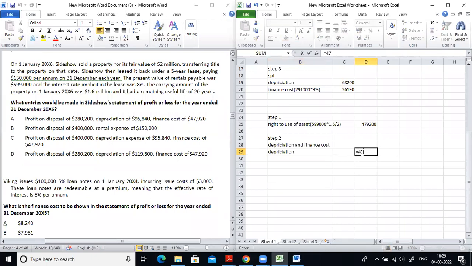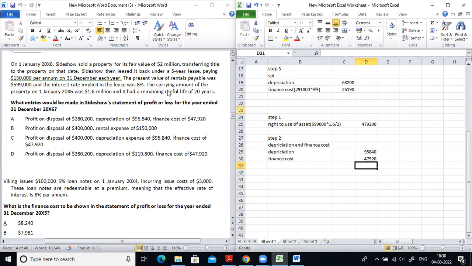We got it as 4,79,200 divided by the lease term, which is 5 years. So we'll be showing 95,840 as depreciation, and finance cost, which will be computed on the present value of the lease liability, that is 5,99,000 into your implicit rate of interest, 8%.